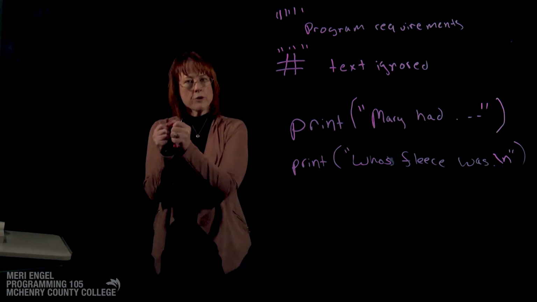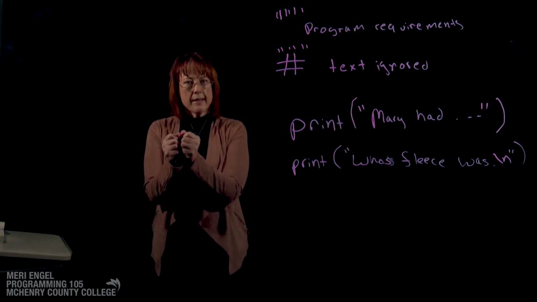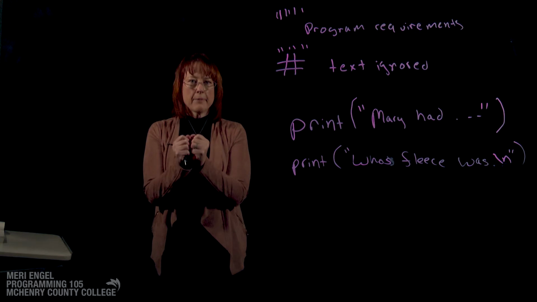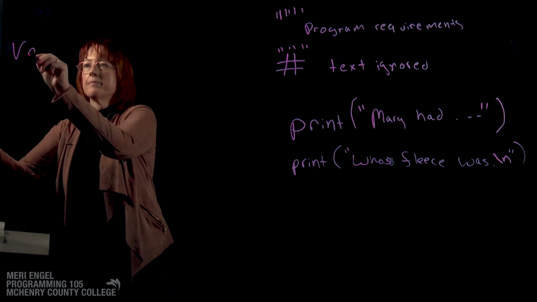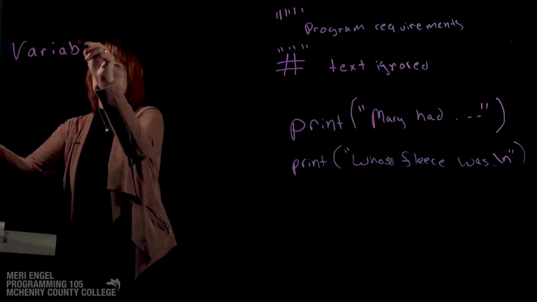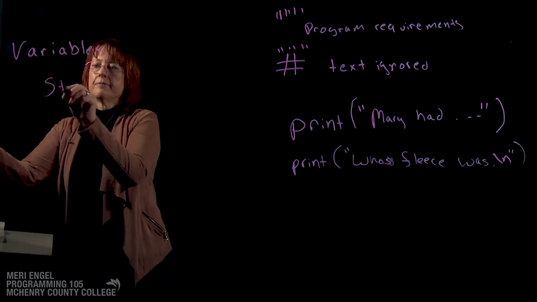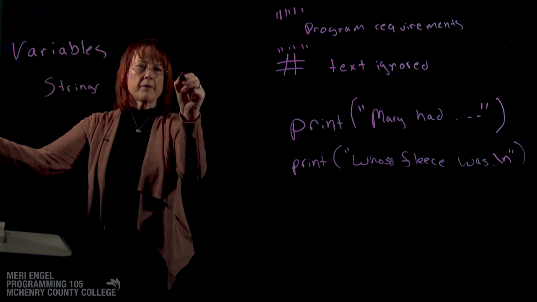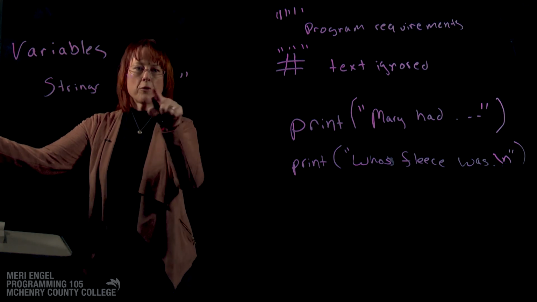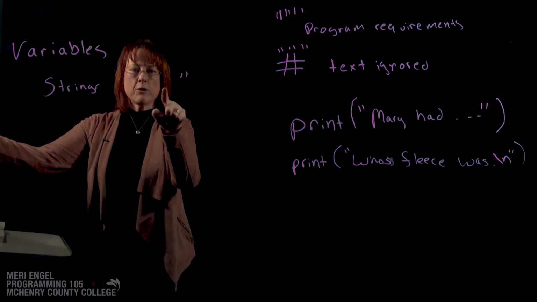We're going to a storage location that we've assigned a name. And there are different types of things that we can hold in a variable. So variables can hold strings, which are encased in quotes. That makes it a string literal. So a string is whatever is in the quotes here.